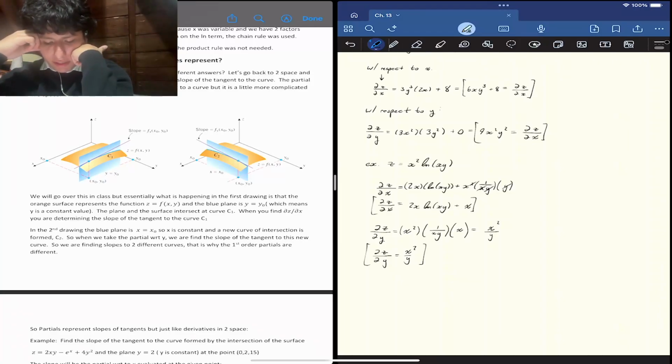But essentially what is happening in the first drawing is that the orange surface represents the function z equals f of x and y, and the blue plane is y equals y prime, which means y is a constant value. The plane and the surface intersect at curve C. When you find the partial of z with respect to x, you are determining the slope of the tangent to the curve C1.